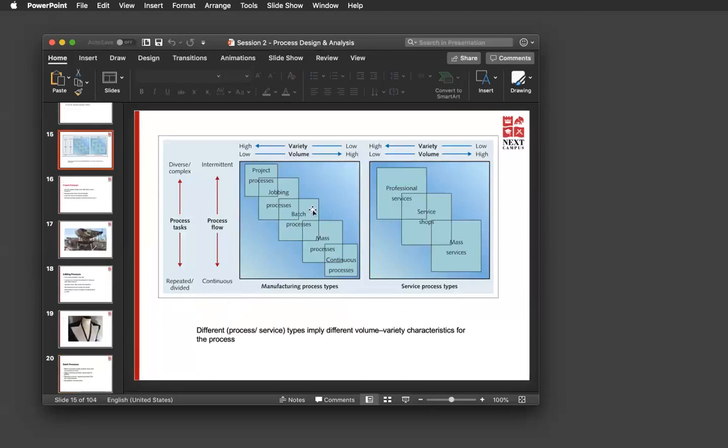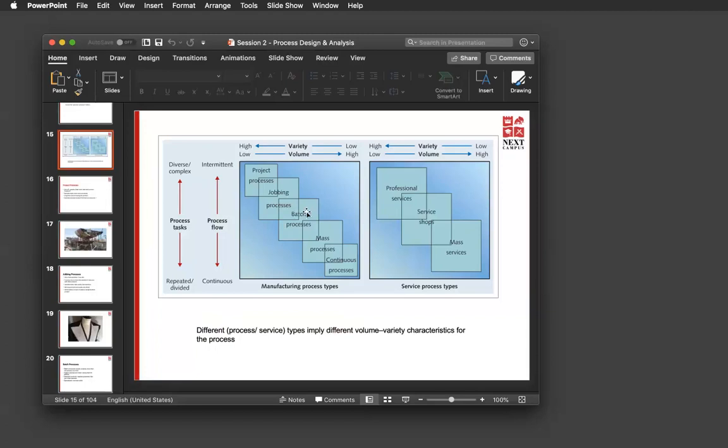Then we move into the next one, which is the batch process. Batch is a slight improvement on the jobbing process, because in a batch process, you can clearly demarcate commonalities. Whatever commonalities there are in that process, you club together.